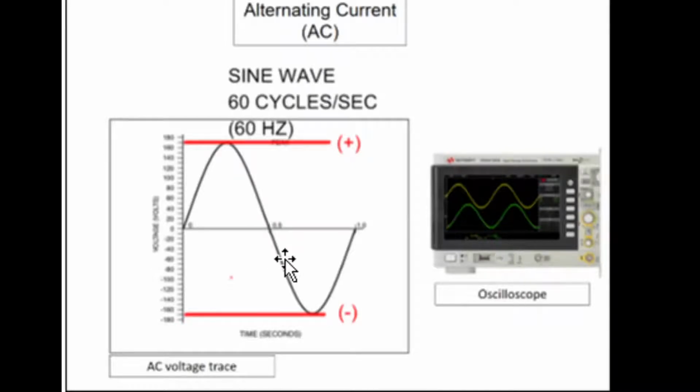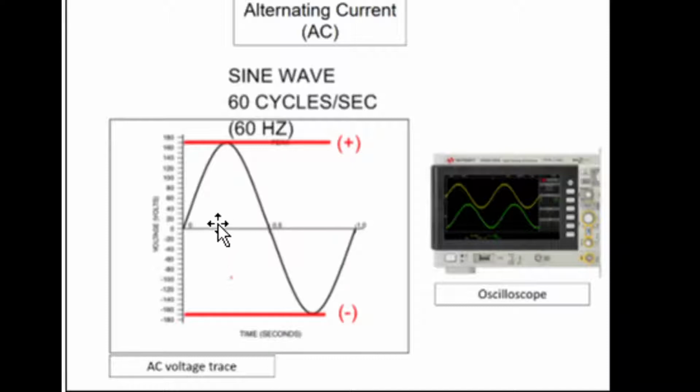So here on the left is a trace of one cycle that is coming in, and this is a trace of the single phase voltage. If we plot a single phase line coming in, the voltage, let's say, is 120 volts. Now, 120 is what's called RMS, root mean squared. It means that the average voltage for that sine wave is 120 volts.